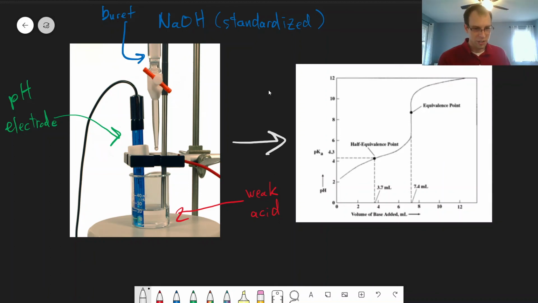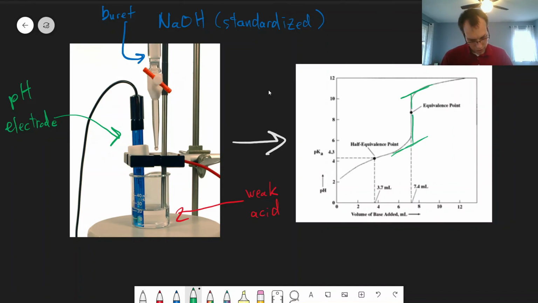All right, and this is a nicer plot, from your lab write-up, showing the equivalence point and the half equivalence point in a specific example. At the equivalence point, we see this very sharp change in pH. You'll see this in your data. One way to determine this equivalence point is you can draw a line along here, and you want to take the point that's right in the middle.